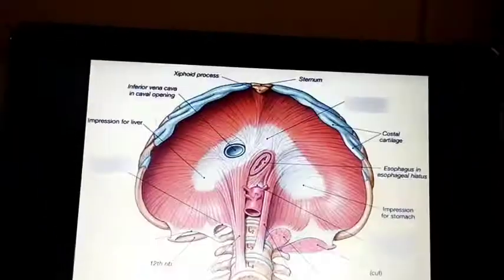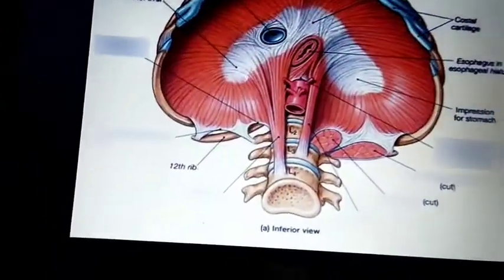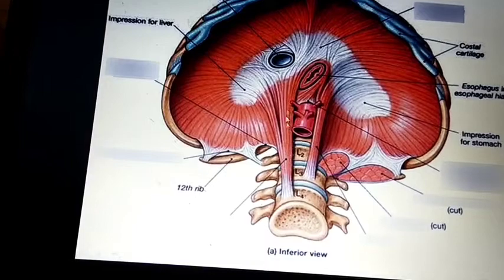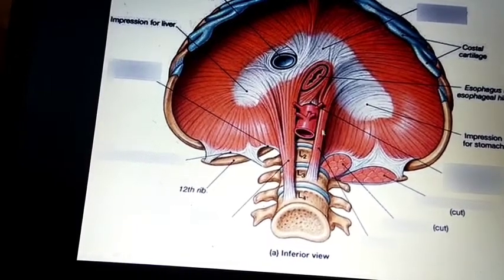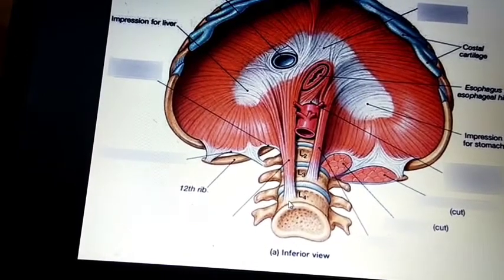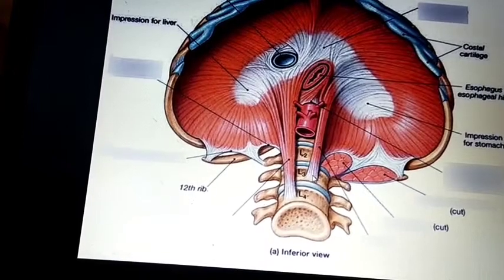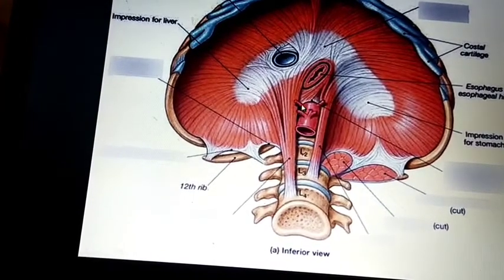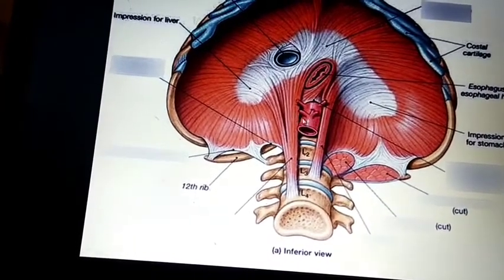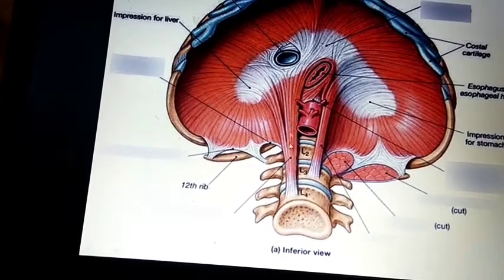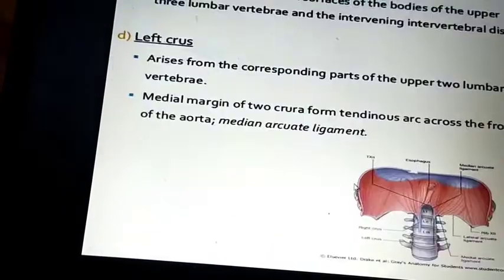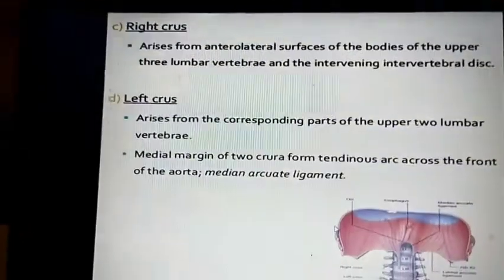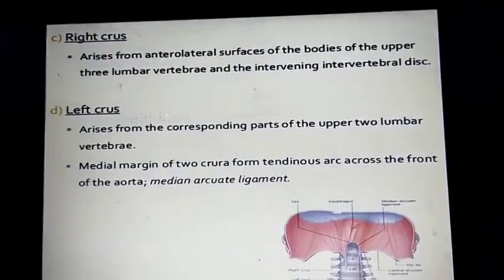Now we can go further. This is the right crus, and this is the left crus. The right crus is from L4 and the left crus from L3, lying just lateral to the aorta. Now let's study the right crus of the diaphragm.